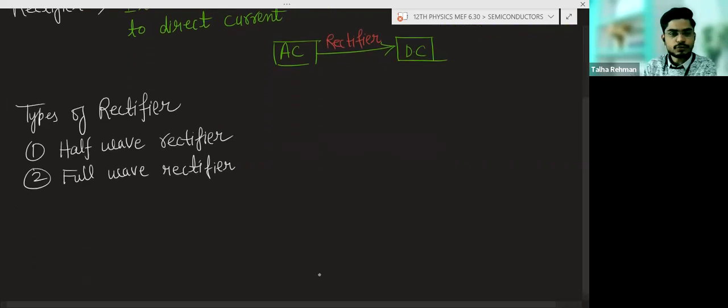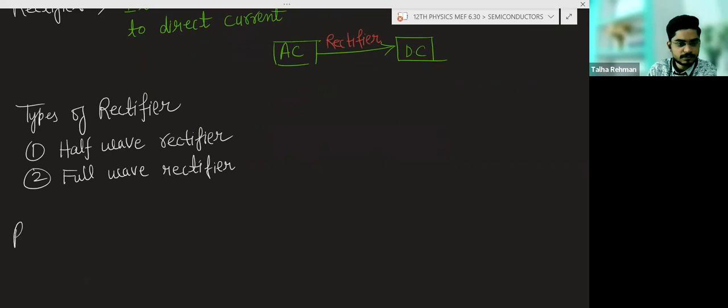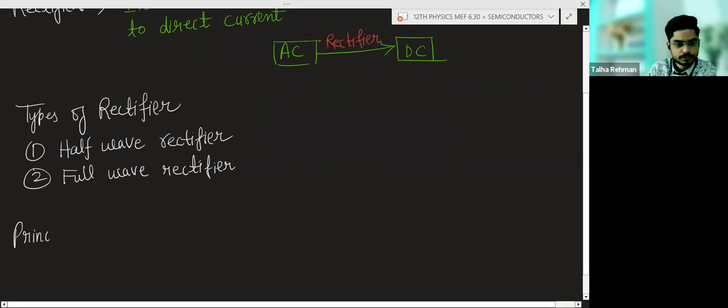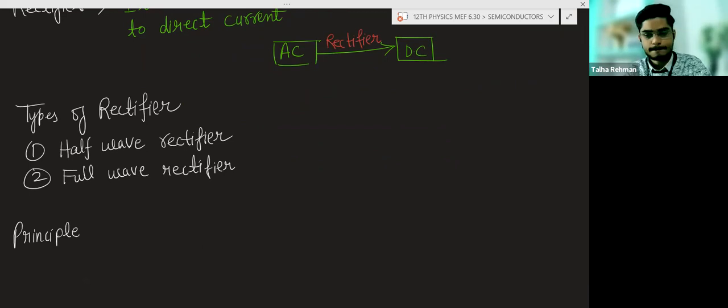Before that we should know the principle of the rectifier.